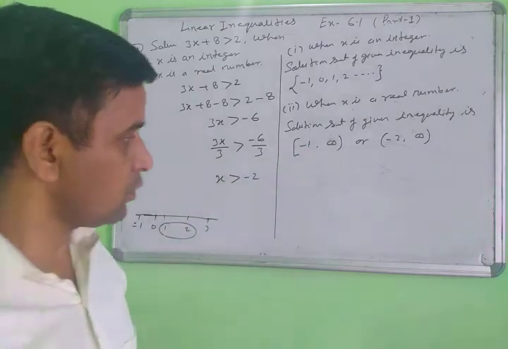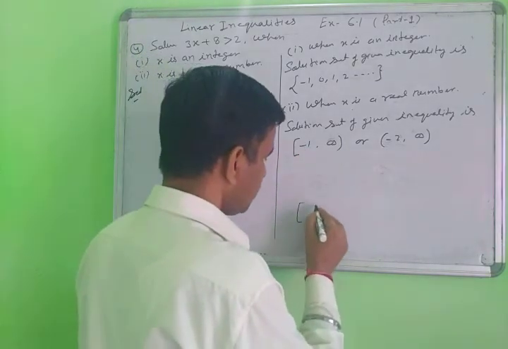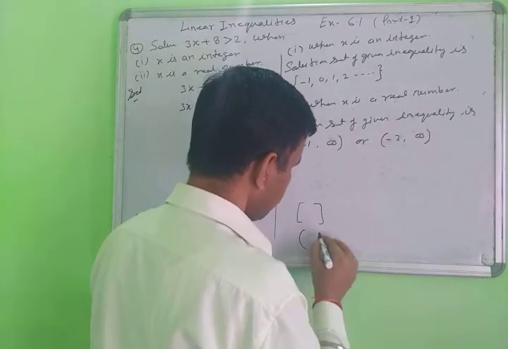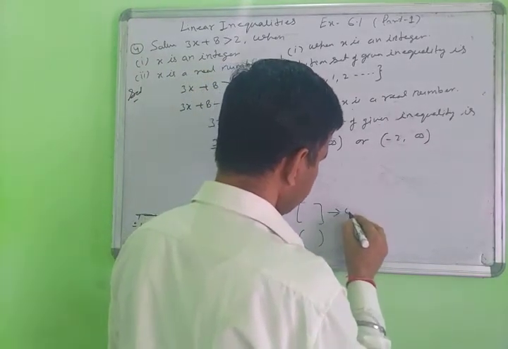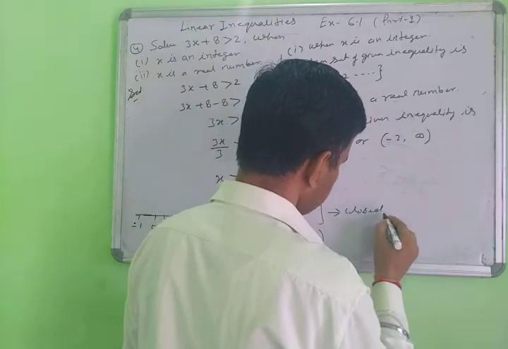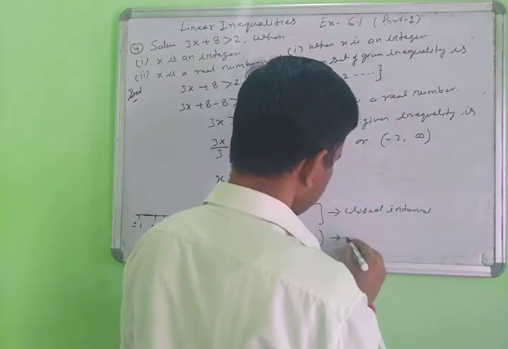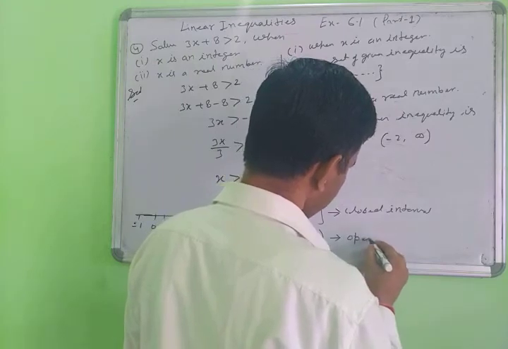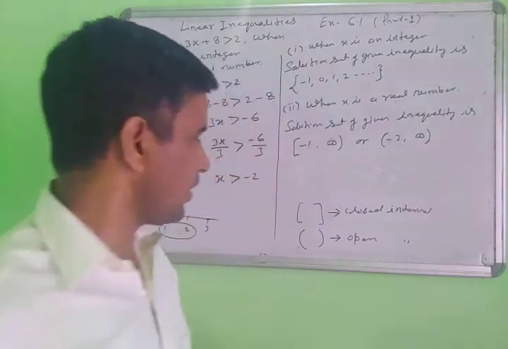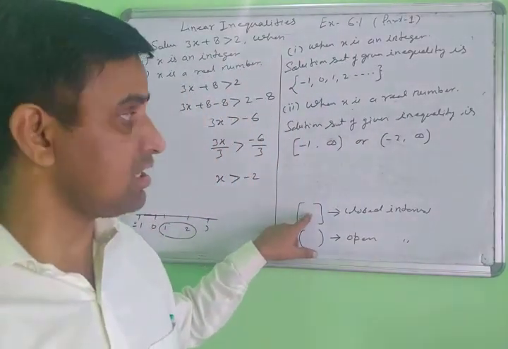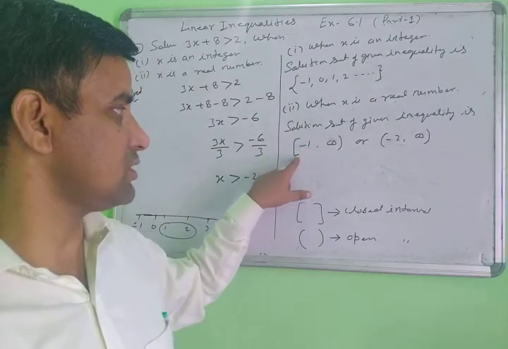So you should know this is the symbol of the closed interval, and this is the symbol of the open interval. When using the closed interval, the limit, like minus 1, is included.